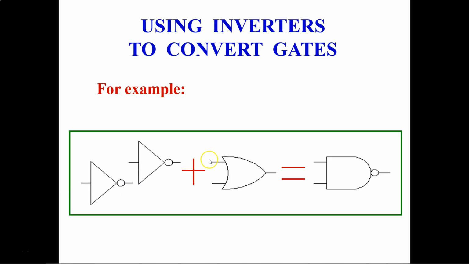Which means A bar is going into the OR gate and B bar is going into the OR gate. So the output is going to be A bar plus B bar, and that is basically the output of the NAND gate, A bar plus B bar. So you can see how, using the inverters, we can convert it into different gates.